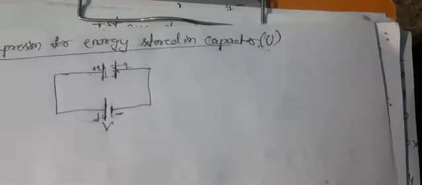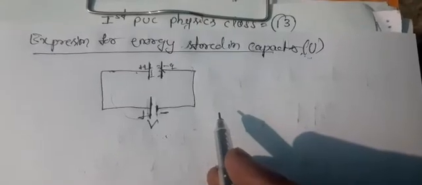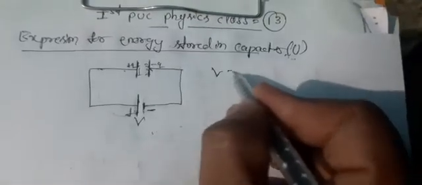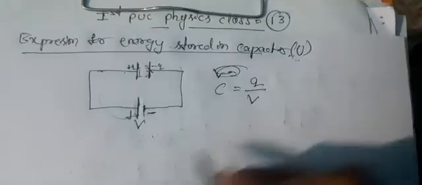When a battery is connected across the uncharged capacitor, charge transfers from one plate to the other. Q is called the charge: plus Q and minus Q. V is the potential difference between the two plates or the battery. By the basic definition, capacitance C is equal to charge per unit potential difference.